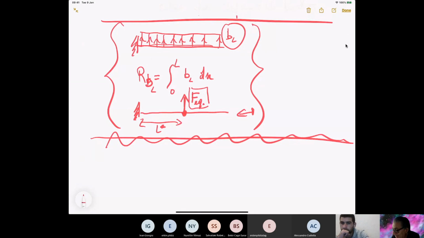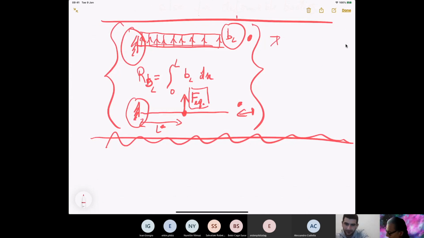So now you must understand the point. If I ask you to calculate the constraint forces, then you can use this external force or this external force as you like. Because the resultant force and the resultant moment are the same.